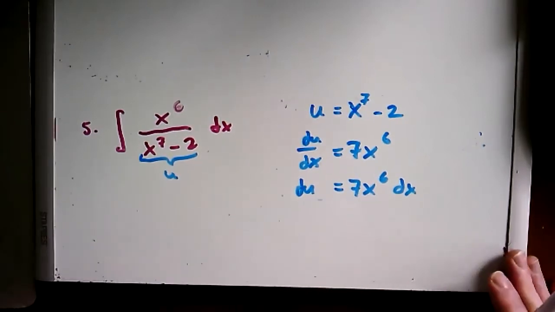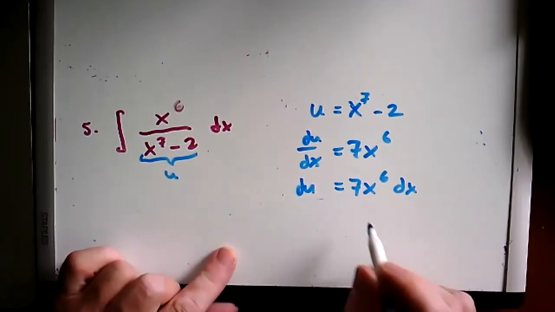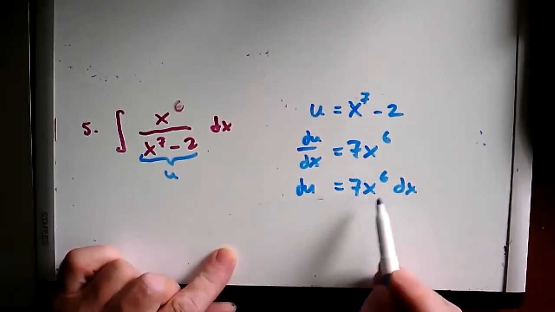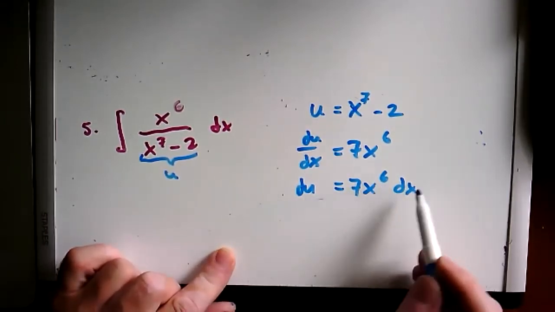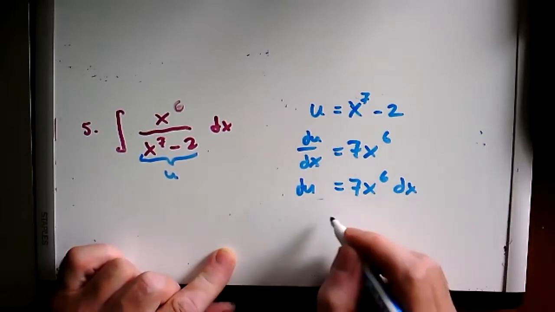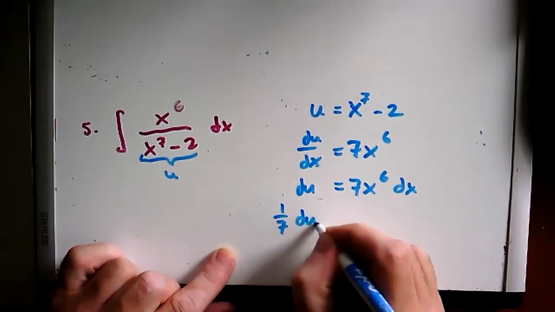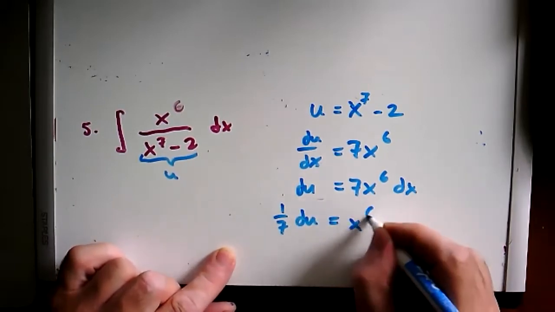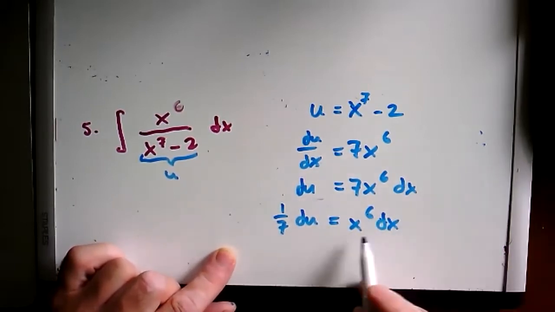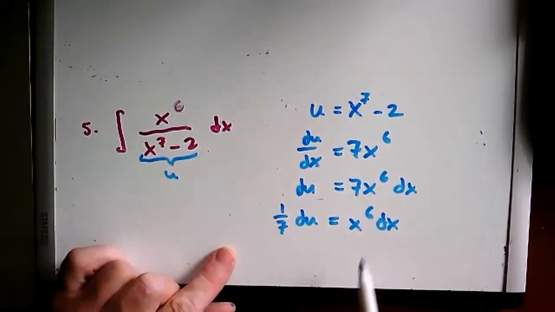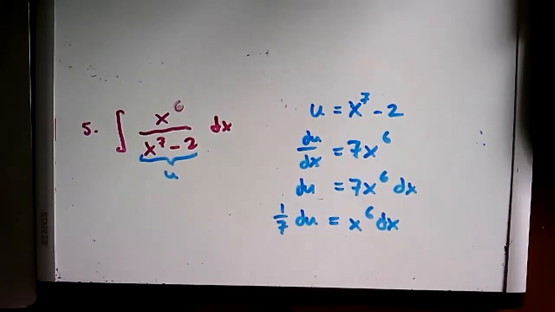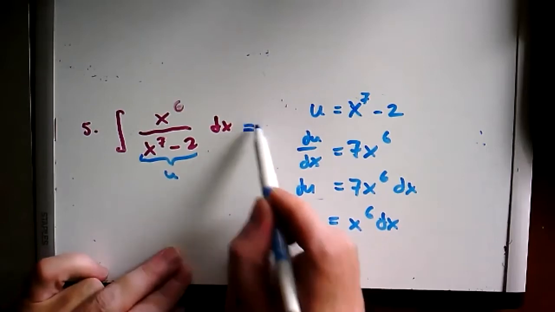I don't really think any one is better than the other, but some people prefer this. Since we have this equation du equals 7x to the 6th dx, we could divide both sides by 7 and say that 1/7 du equals x to the 6th dx. And now we're able to just do that substitution without messing with our original integral. This is probably the standard way that it's taught.